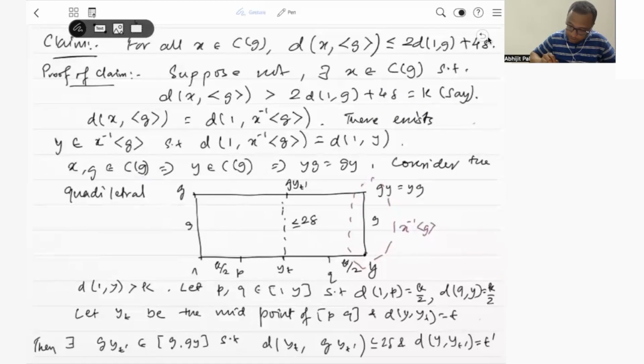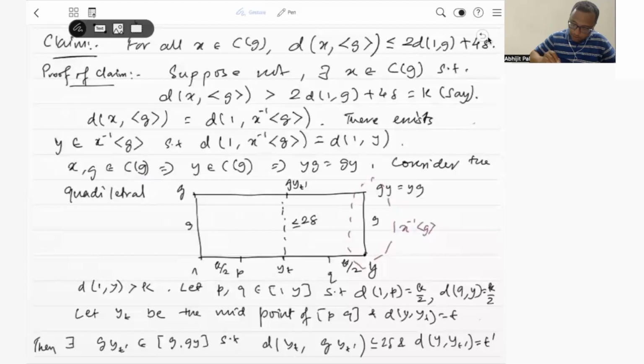And so this will imply that this y also belongs to the centralizer of g. So x belongs to the centralizer of g, and y belongs to x inverse times the cyclic subgroup generated by g.